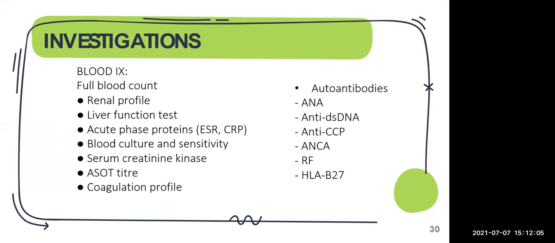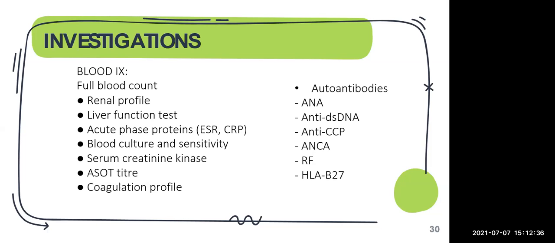ASOT titer is important for rheumatic fever, and coagulation profile as well for hemophilia. And of course, you need to look for autoantibodies: ANA, anti-double-stranded DNA, anti-CCP, which can be raised in RA, ANCA, rheumatoid factor, and HLA-B27. HLA-B27 is usually positive in ankylosing spondylitis.